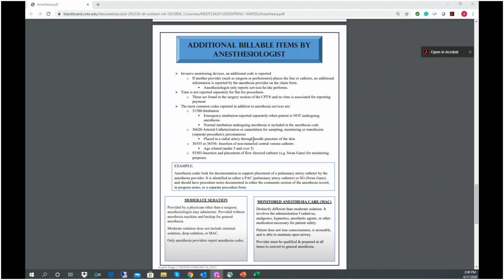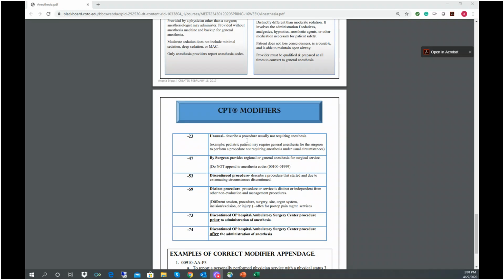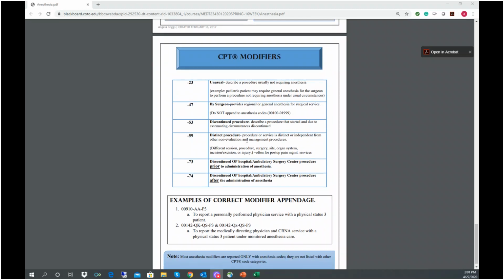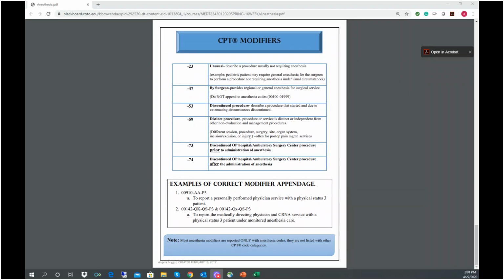The provider must be qualified and prepared at all times to convert to general anesthesia as needed. The modifiers you're going to see with this are 23, 47, 53, 59, 73, and 74.